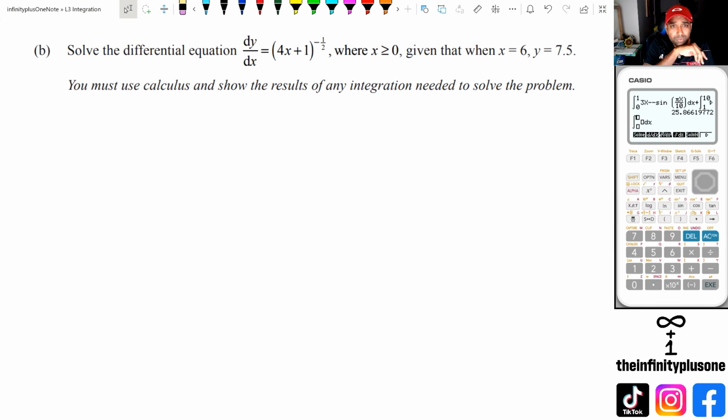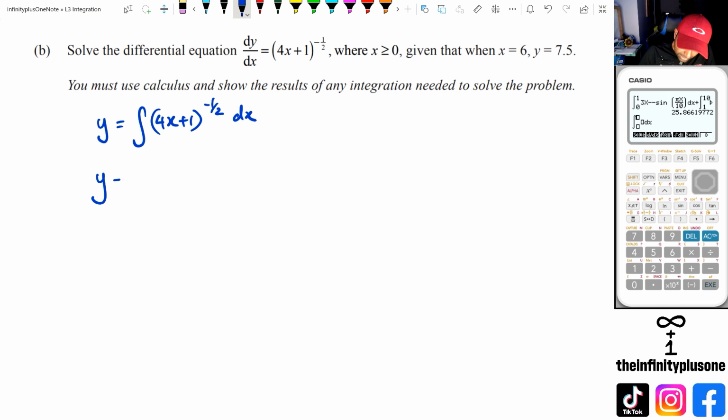Right, so question B, what we've got is a differential equation, but really you can just treat this like a normal y equation. If dy/dx is that, then y is equal to the integral of (4x+1)^(-1/2) dx. So y is going to equal (4x+1). Negative half plus 1 is going to become positive half.